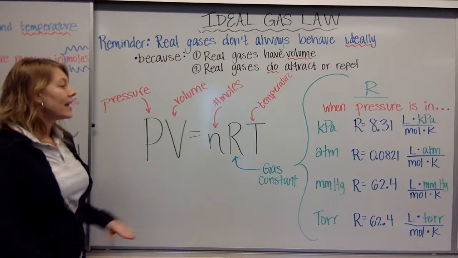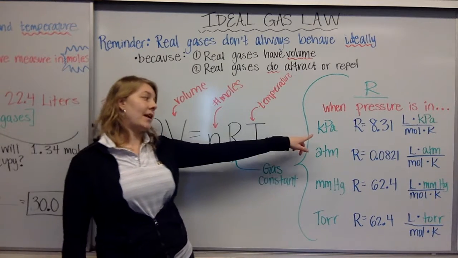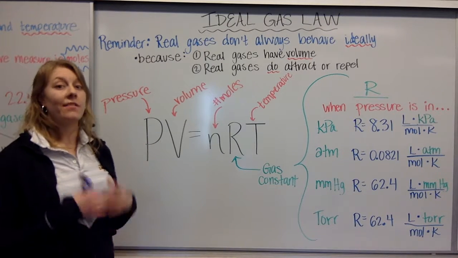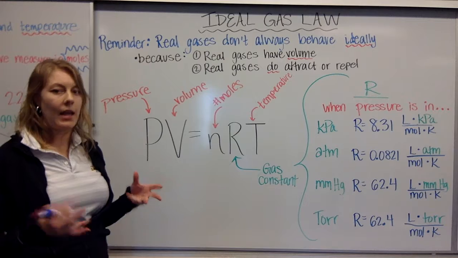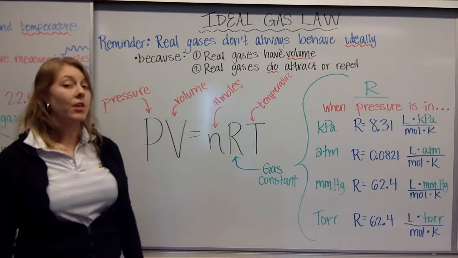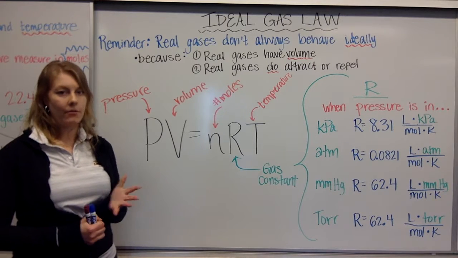So if we're dealing with a pressure that is in kilopascals, kPa, then our R value that we're going to plug in, which has been scientifically determined experimentally, is always going to be 8.31, and the unit is liters times kPa over moles times K, Kelvin.